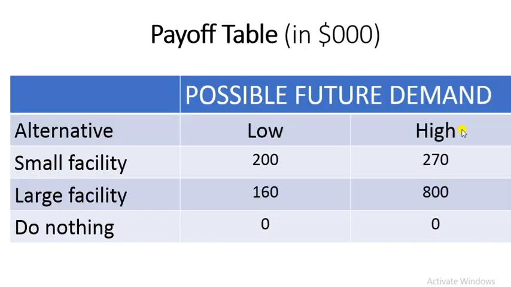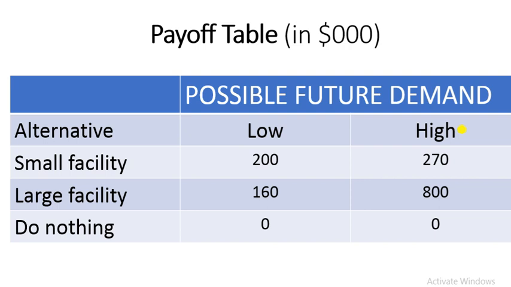As you can see in your slide, there is a payoff table, and it is clearly mentioned that this payoff table is showing the values in $1,000, and on the left side in the first column he is talking about the different alternatives.